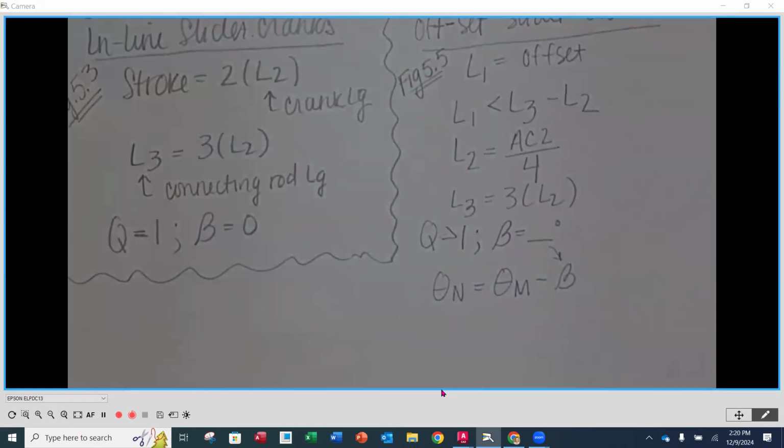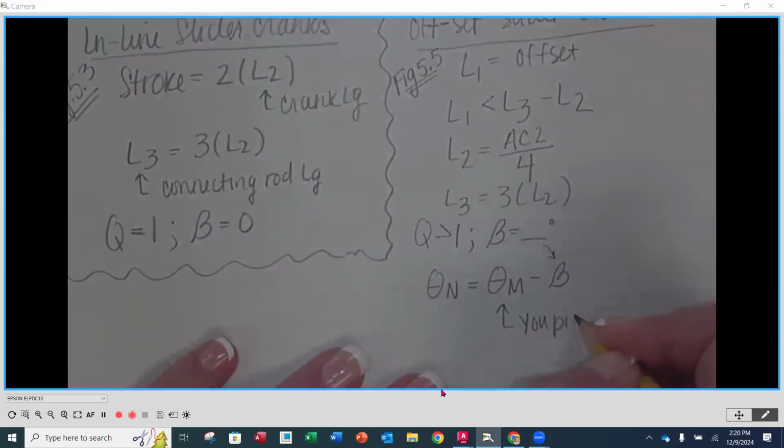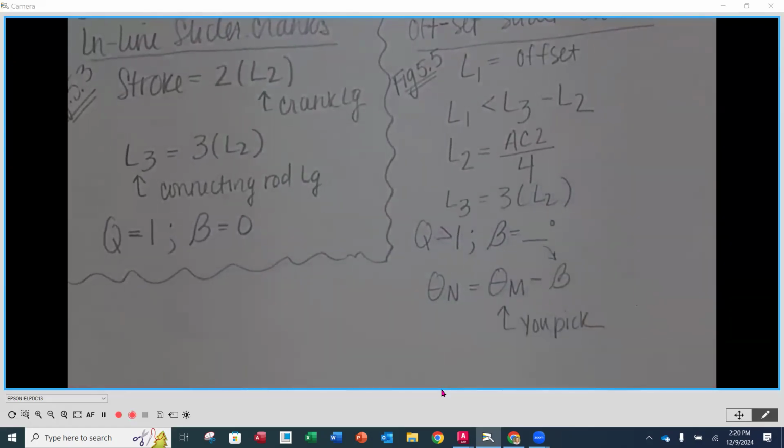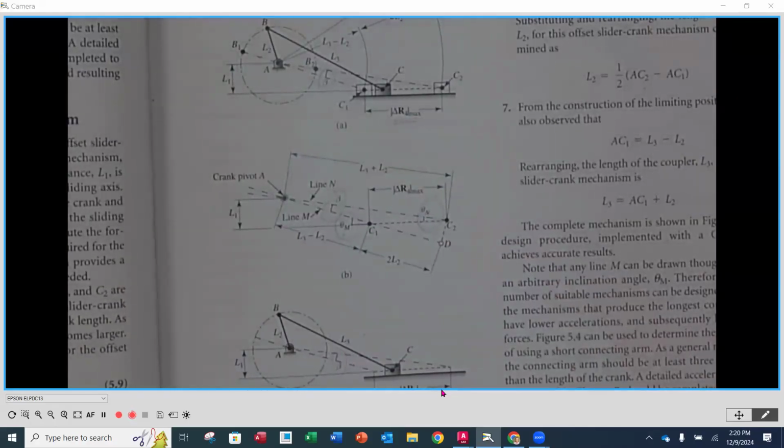Now, theta m is something that you pick, and that's all I can really say about that. We start with a theta m, and if you had a design in front of you, you would have a better idea of what that angle should be. But theta m is a value that you pick, and then you see: does it look proportional? Does it work out?